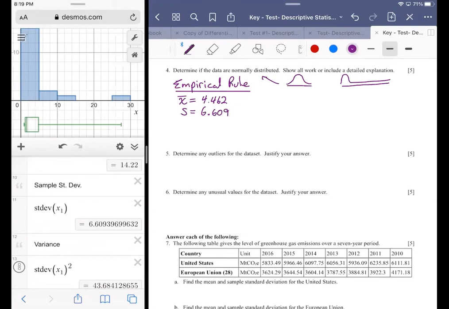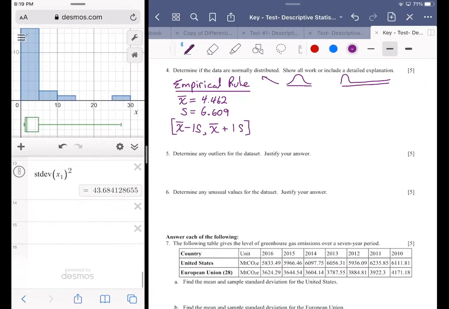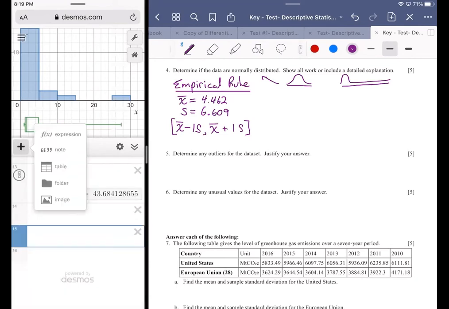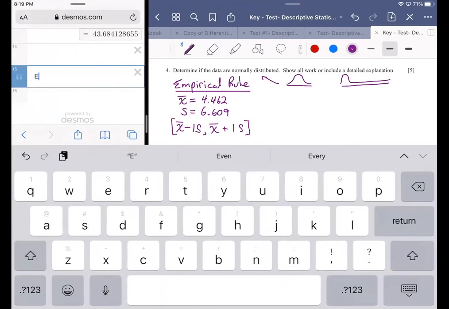So for the empirical rule, what we want to do is compute, where necessary, 1, 2, and 3 standard deviations about the mean. The first computation is x bar minus 1s, comma, x bar plus 1s. I'm looking at this Desmos calculator as a running log of all of my work, so I'll write in here a note, empirical rule.